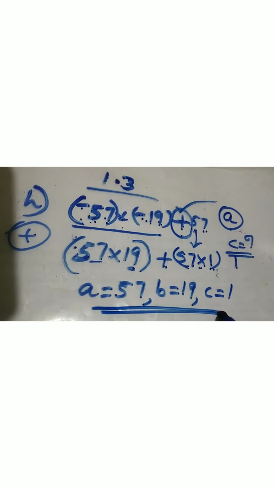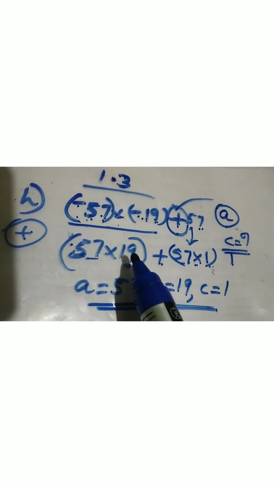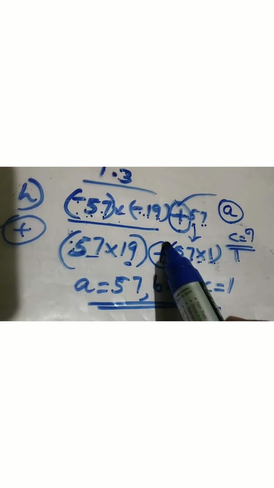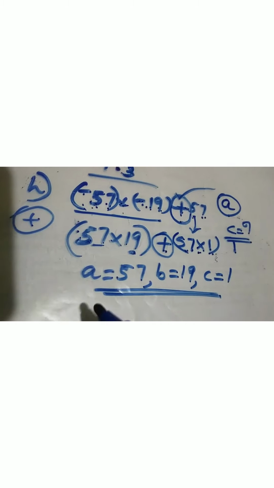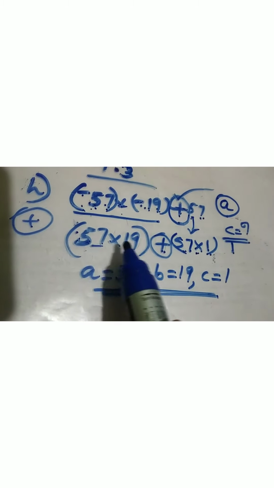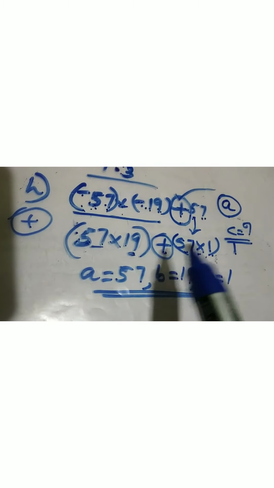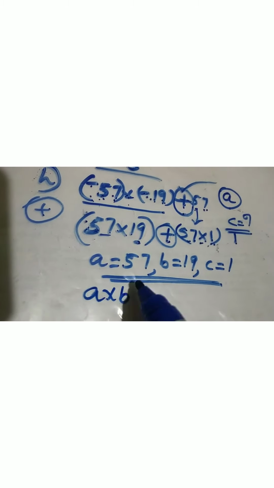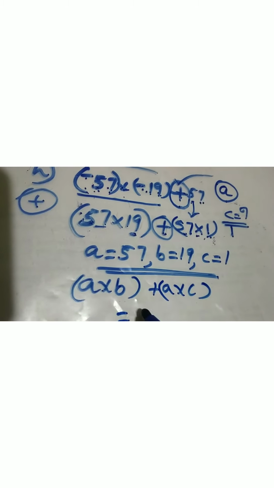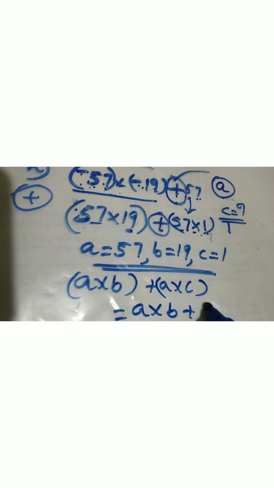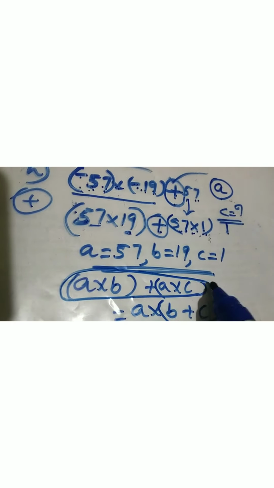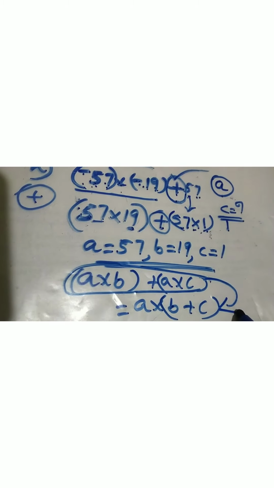Now is it clear? Now we can apply our distributive property over addition. Okay. That is, we know this is in the form of A into B plus A into C. What is A into B plus A into C? That is A into B plus C. We can change. If you get this type of statement, we have to convert into this form.